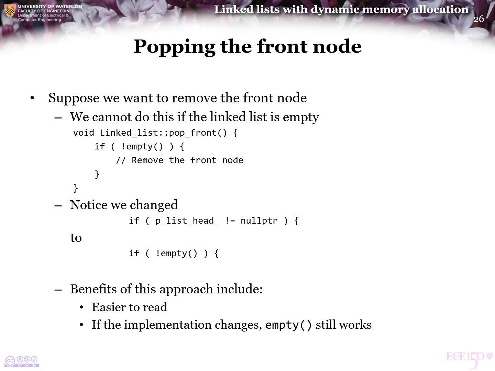So for example, if we were to add sentinels to this linked list, you can look that up, then all of a sudden that first comparison no longer is valid. However, if we did add, for example, sentinels, we would update the empty function to account for this. So consequently, the second implementation, if not empty, will continue to work so long as we have correctly updated the empty member function.